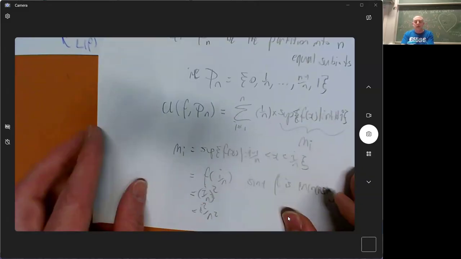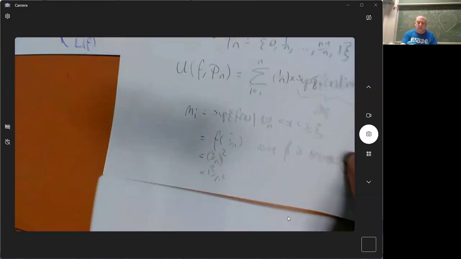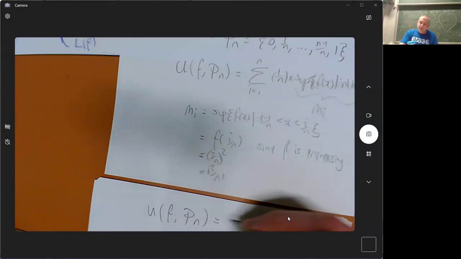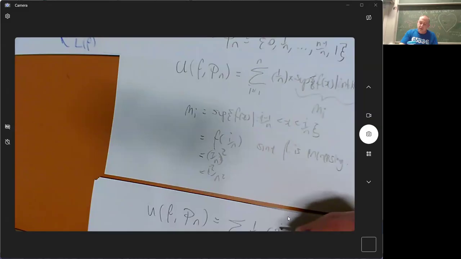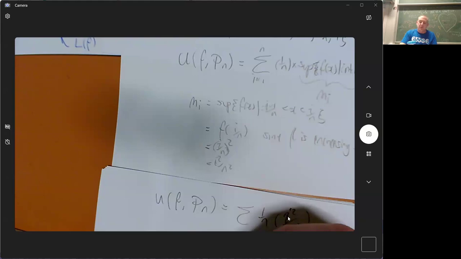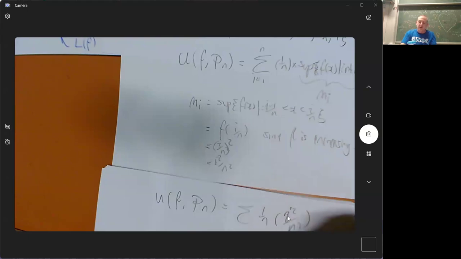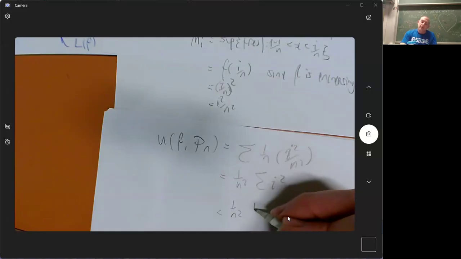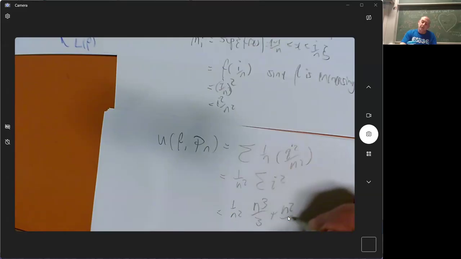Cool. And so U f Pn is the sum of 1 on n times i squared on n squared, which is 1 on n squared times the sum of i squared, which is 1 on n squared times n cubed on 3 plus n squared on 2 plus n on 6, because that's the rules.